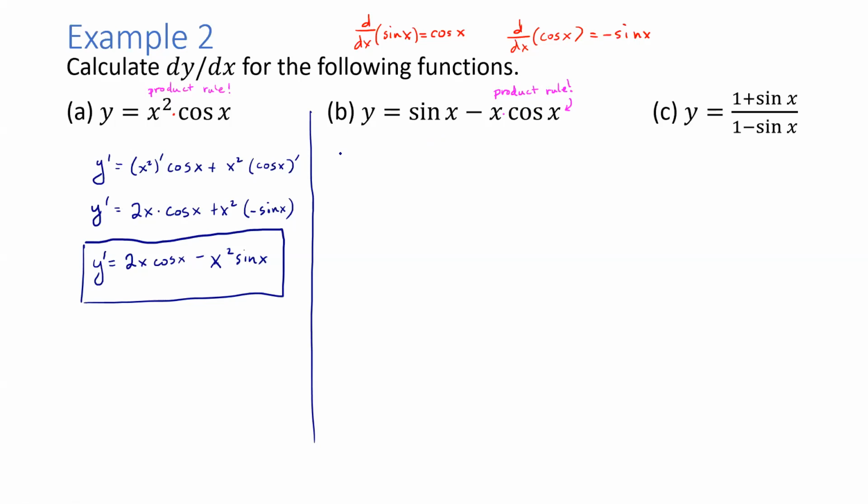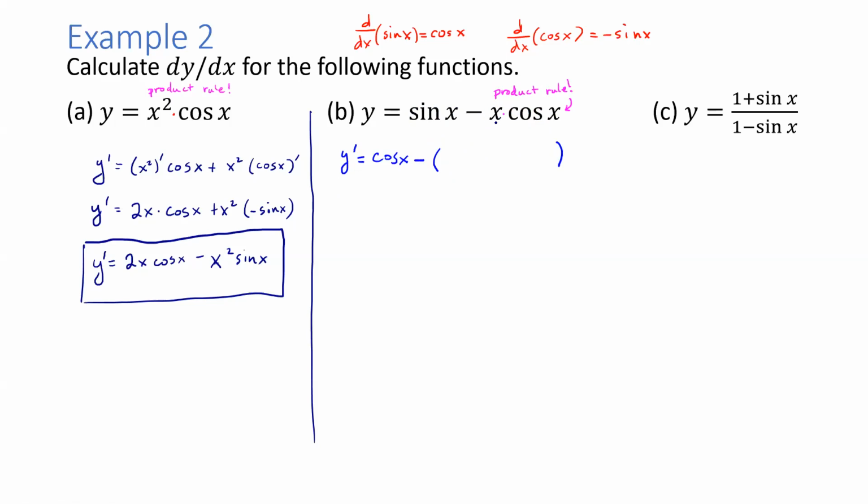Okay, so let's work out this derivative here. Well, it's just sine x here. So the derivative of sine x will be cosine x minus, and here I'm going to just open this up so we can do the product rule to this whole thing here.